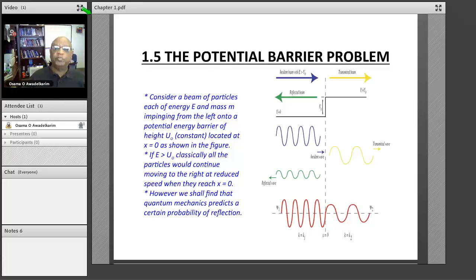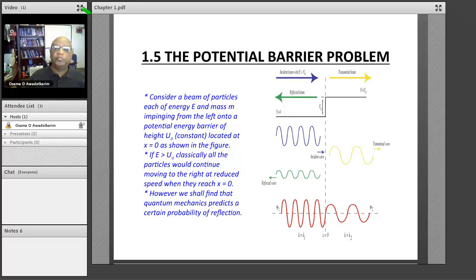The analogy here is if you think of yourself as a particle and you come walking with some energy and then you suddenly find a stairway or a few stairs to climb to get into a higher region. If you have enough energy to climb these stairs, then you can climb them and go to the higher region on the right hand side. So there is nothing to stop you from climbing the stairs, nothing to reflect you, if you like, from going through to the right hand side region.